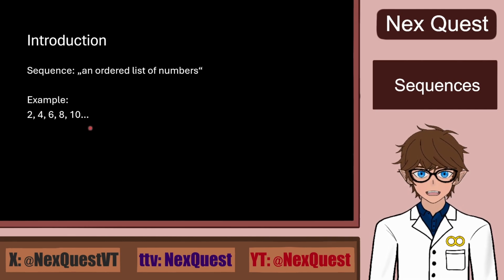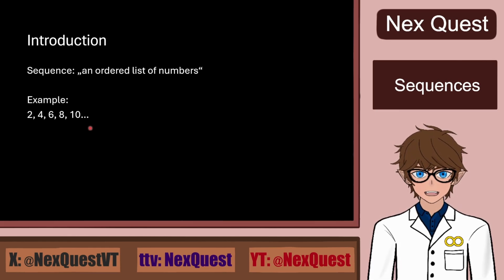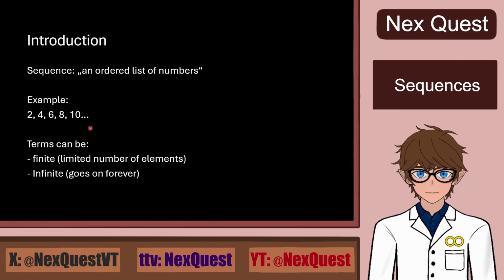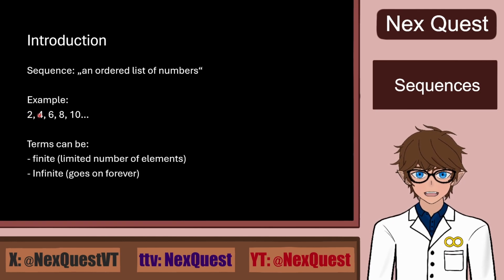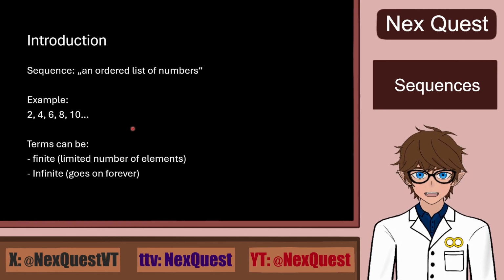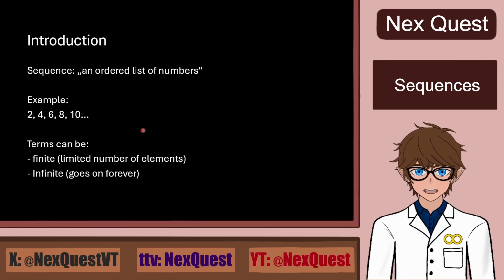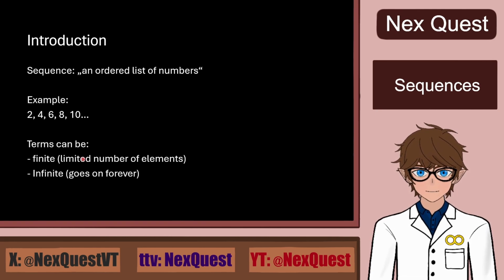First, we will define what the words we will be using today mean, so you can kind of follow along and not be lost. So, about terms, individual numbers, well, they can be either finite, so there's a limited number of elements. Let's say a sequence 1, 2, 4, 8 is a sequence where each next term is double the previous one, and it's finite.